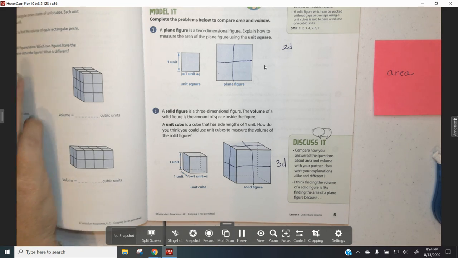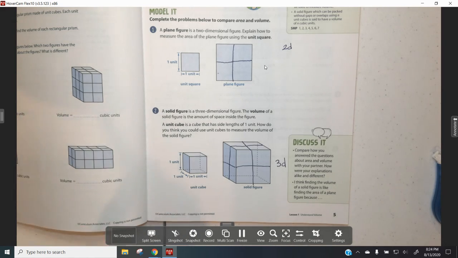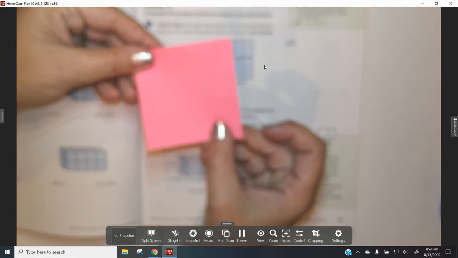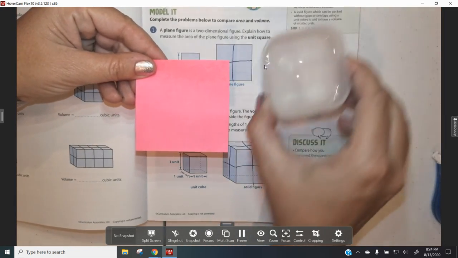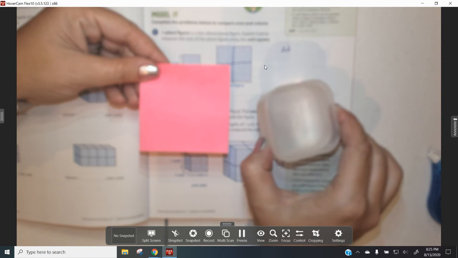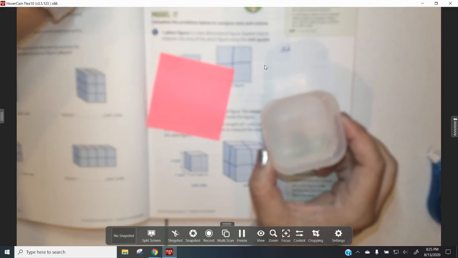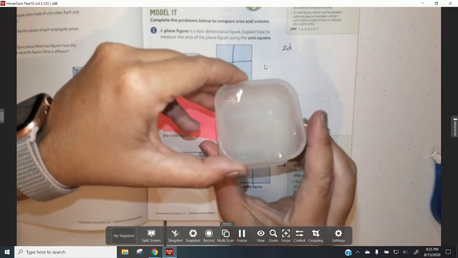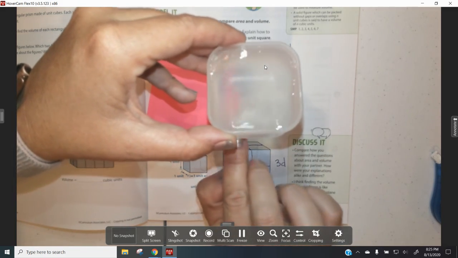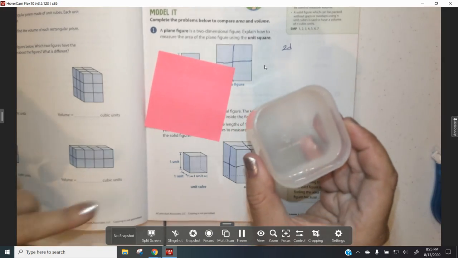What I like to think of is that if a unit square or a plane figure is like a flat sheet of paper, a solid figure is a figure that can hold water. There's water in there, I don't want to spill it. It has a length, a width, and a height.